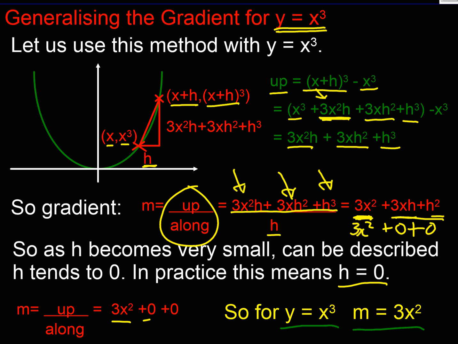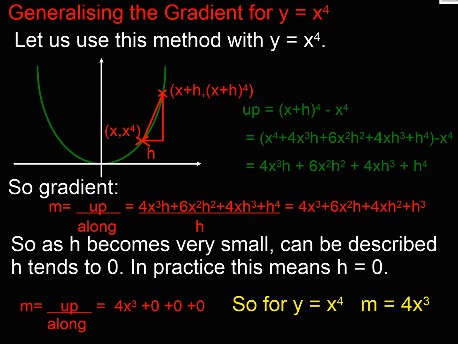And also, if we started at minus 2, then minus 2 squared is still 4, and 4 multiplied by 3 is 12. So we have a generalized expression for the gradient of y equals x cubed. I'm just going to reshape this because actually the curve would go like that, wouldn't it? y equals x cubed.